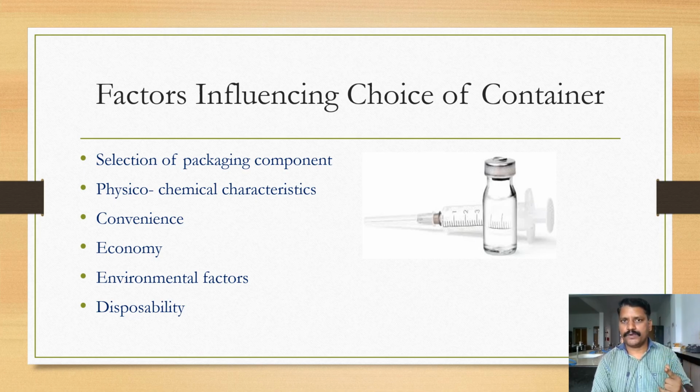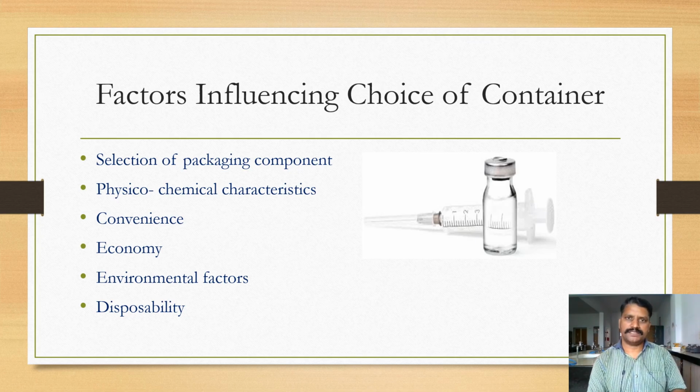Whatever components are used in making any type of container should be economical, because the cost of the container may directly affect the production cost or the cost of the product. If you are using costly containers and costly components, definitely the product cost will increase. Therefore it should be economical.